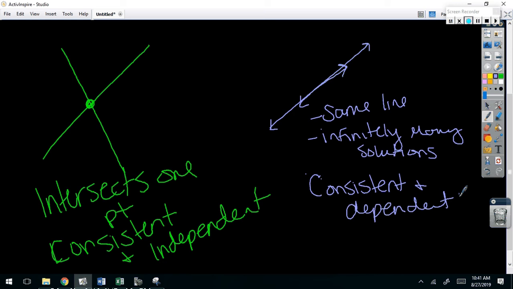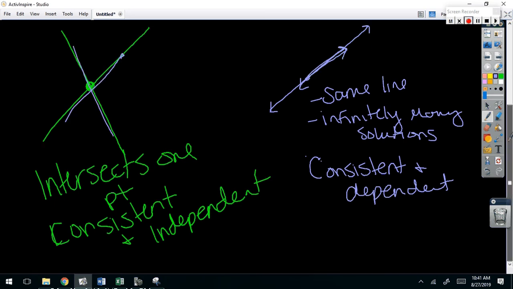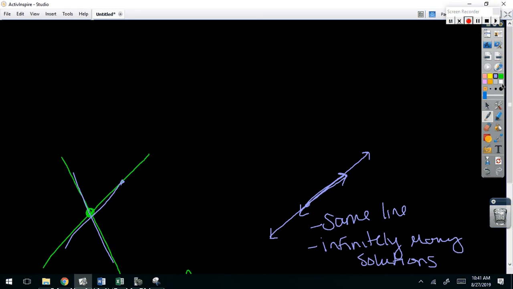There's one other type of system. When you graph the two lines, there's one other scenario that can happen. Can you think of what that may be? Parallel lines, no solution. That's exactly right. So here I've got the same line. I've got intersecting one time, and then I can graph two lines, and while they are two very different lines, they are parallel lines, which means they never intersect.